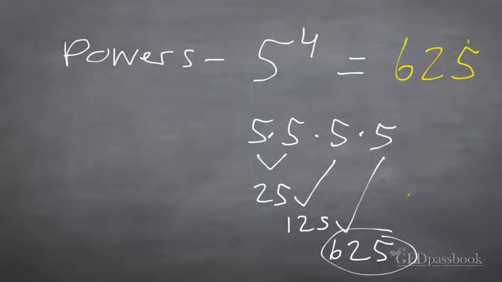Did you guys see that? A lot of math. Really? Tell me, why is it confusing? Because it seems like it should be 5 times 5 times 5 times 5. Well, what is that? 25 times 5. Exactly what you said, it should be 5 times 5 times 5 times 5. This is visually just how it is.